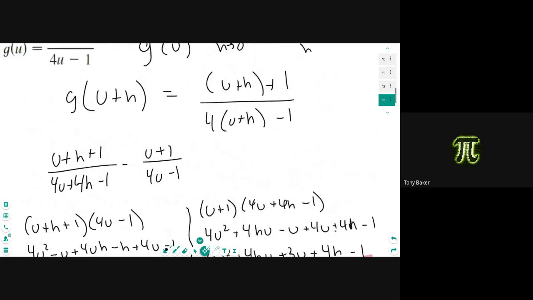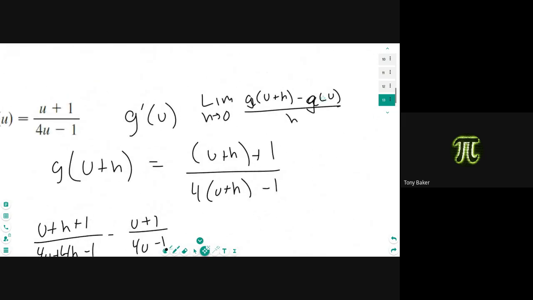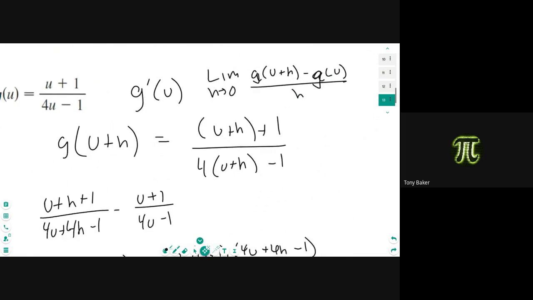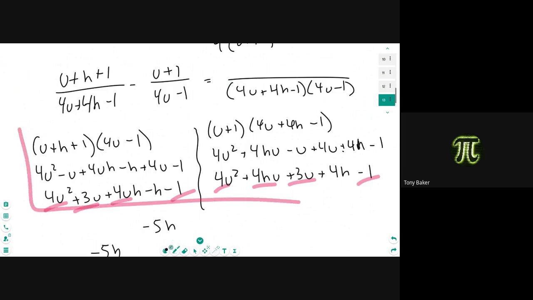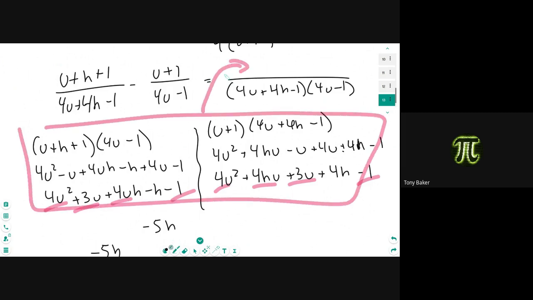Because remember, I took that minus that all over h. So all this work here was just the numerator. Because this would basically be whatever the top is times 4u plus 4h minus 1 over 4 minus 1. So this whole piece right here is that.